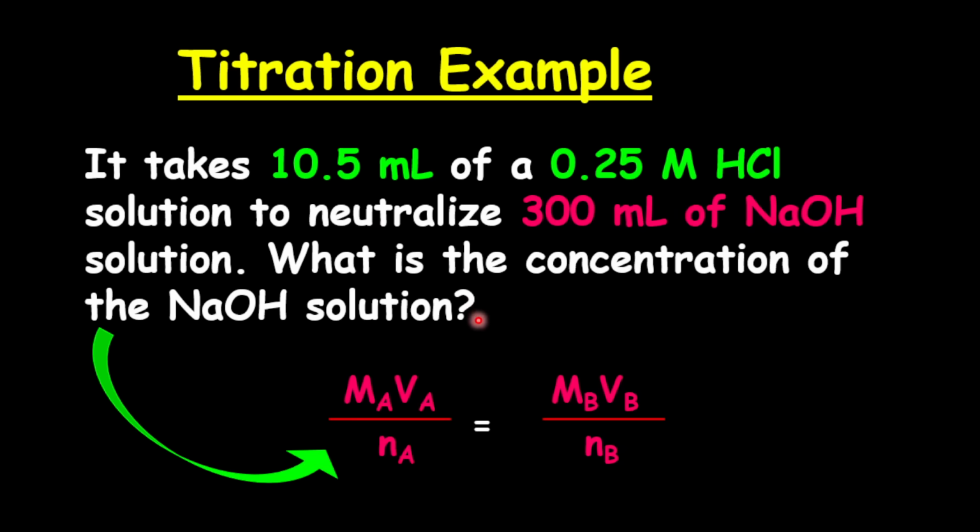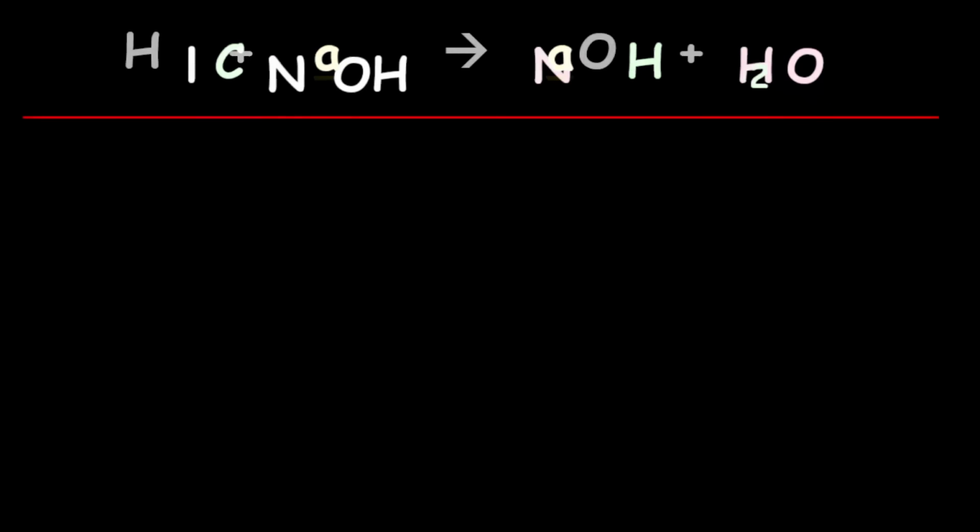Sodium hydroxide is the base, by the way. They give the volume and molarity of the acid, but only the volume of the base. So we know that the acid is the titrant and the base here is the analyte, and all you need to do is plug them in the equation accordingly.